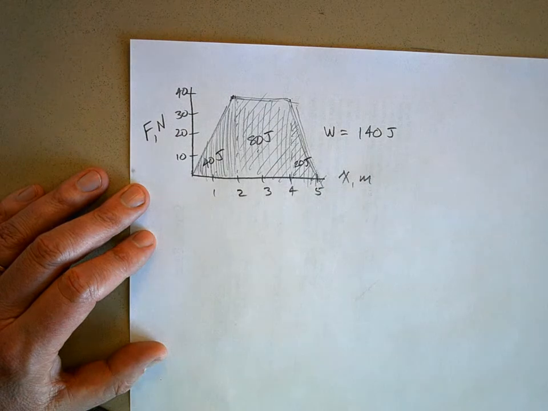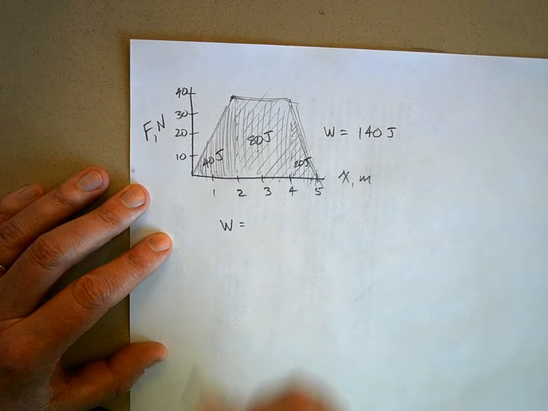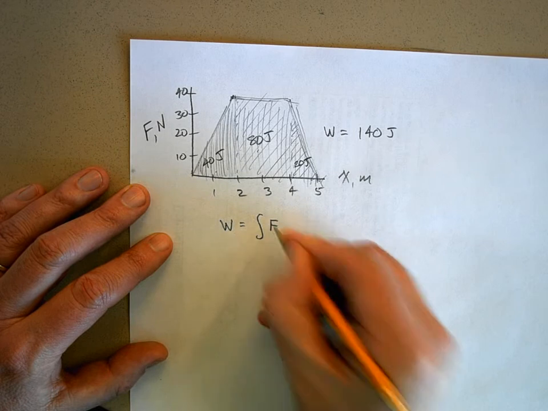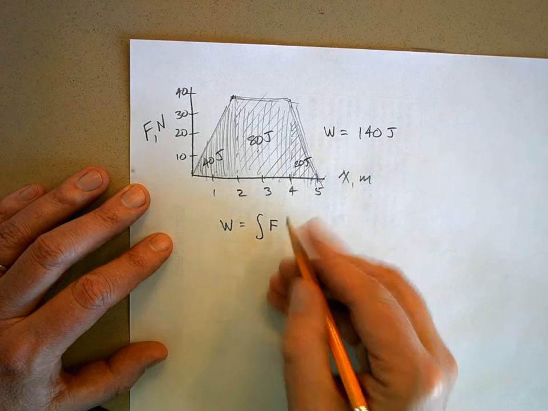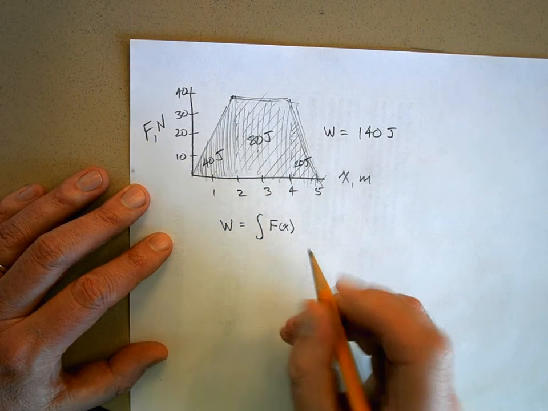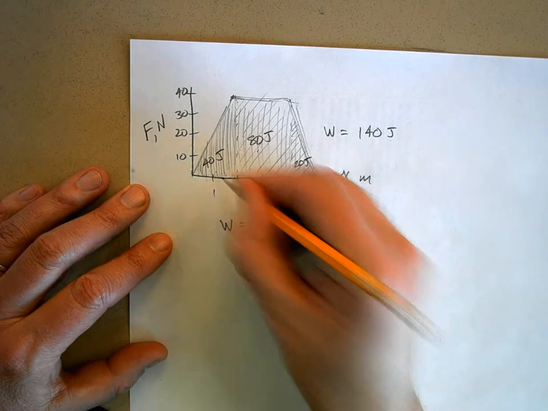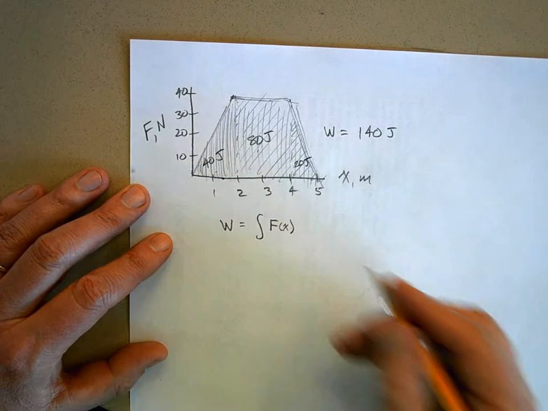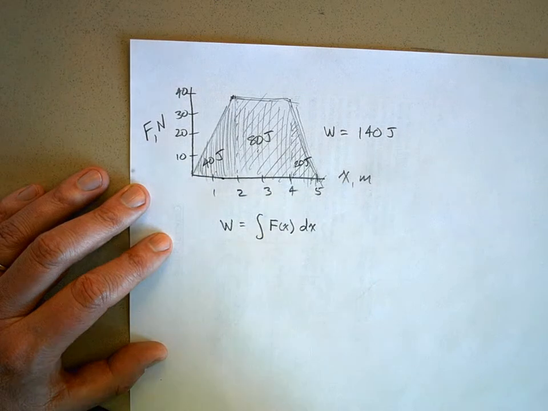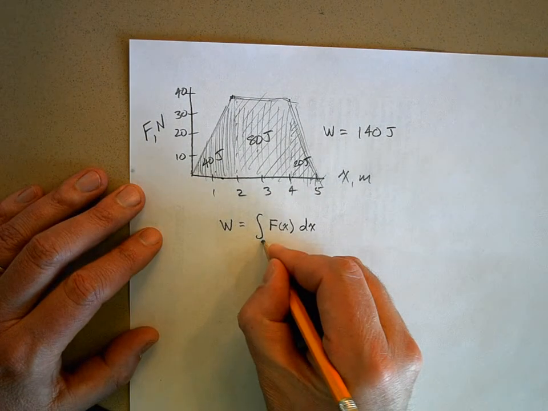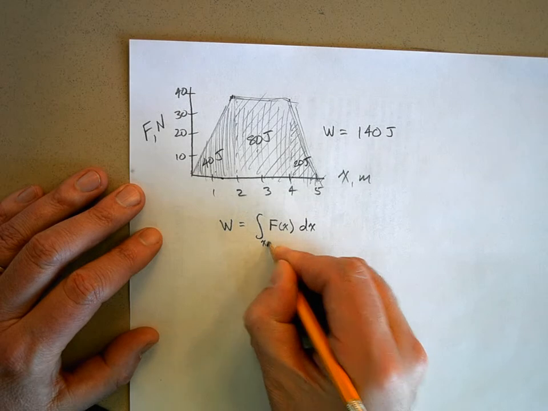Well, in calculus, we would say this is the integral of force as a function of x times dx, because each width is a little tiny delta x. Instead of calling it delta x, we would call it dx. And you would have some initial position and some final position.